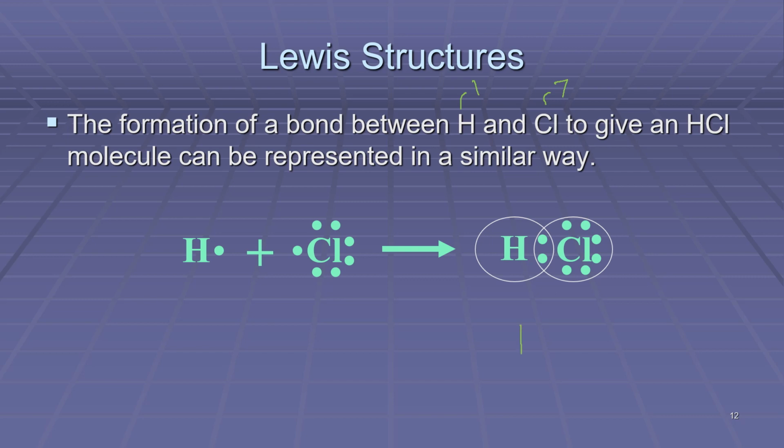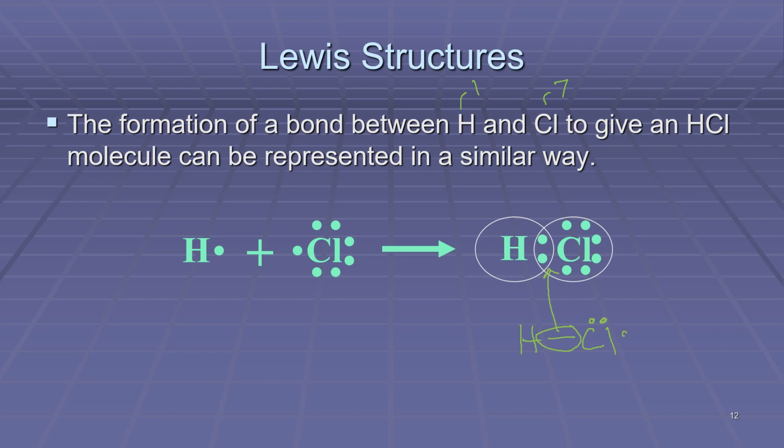Again, oftentimes you'll see it drawn like this. It just makes it a little bit neater to show the dash between elements, because it shows that they're bonded. So remember that a dash represents a pair of shared electrons.